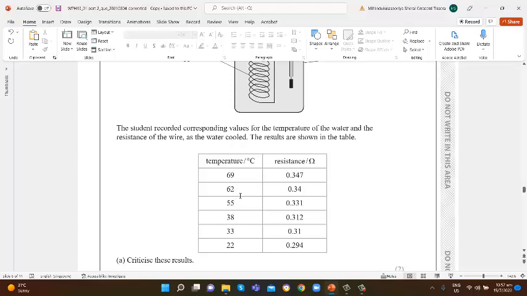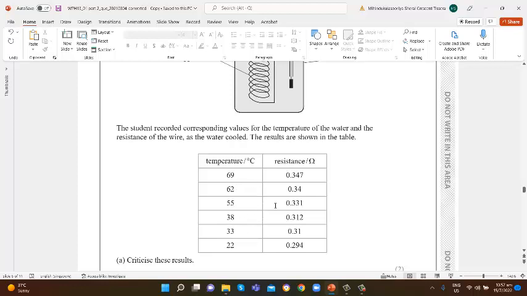From 69 to 62, you get a 7 degree difference. From 62 to 55, also 7. But from 55 to 38, it is 17. So there is a huge jump from 55 to 38. So it is also not consistent. It doesn't follow any pattern.